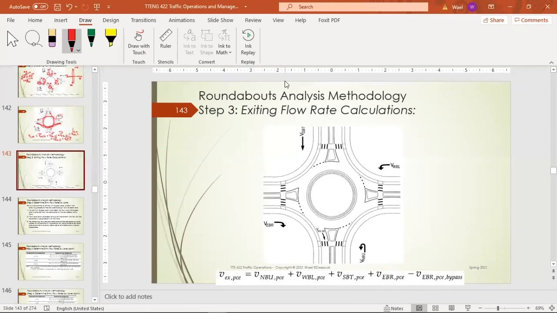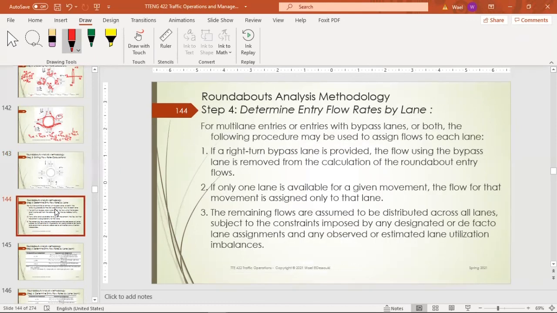So here we're calculating the exiting flow rate and circulating flow rate. Then determine entry flow rates by lane. This is basically for multi-lane entries, because we need to identify how much will go to each lane, especially for entries with bypass lanes. If there is a bypass, then the bypass will take some of that traffic.